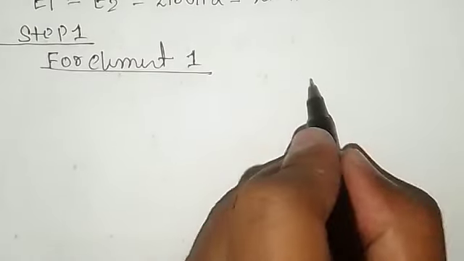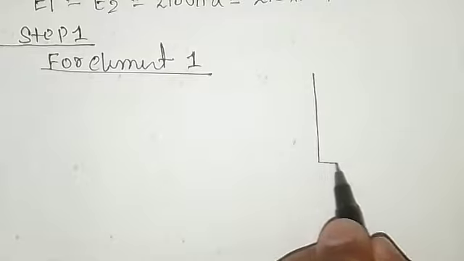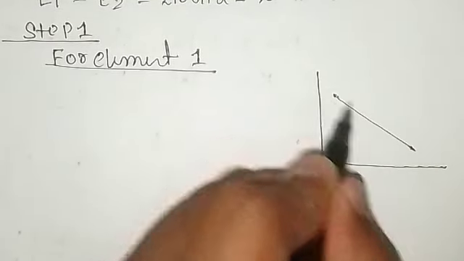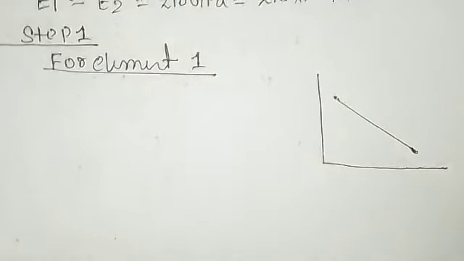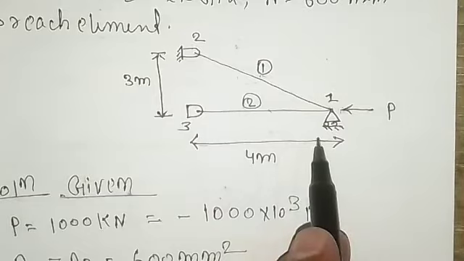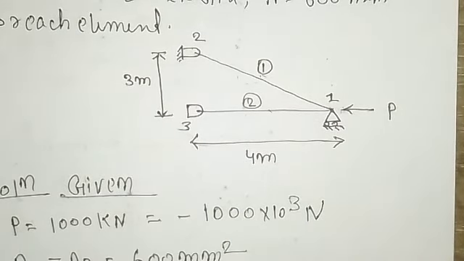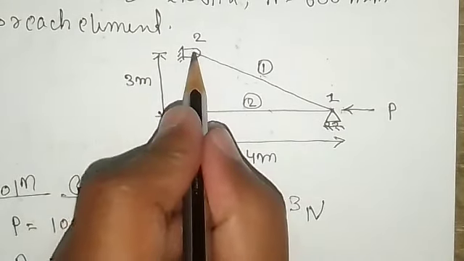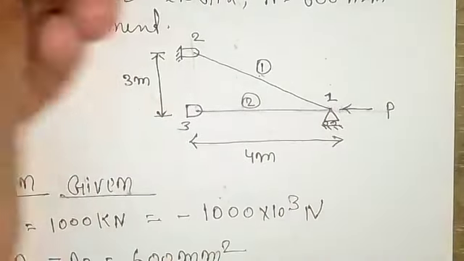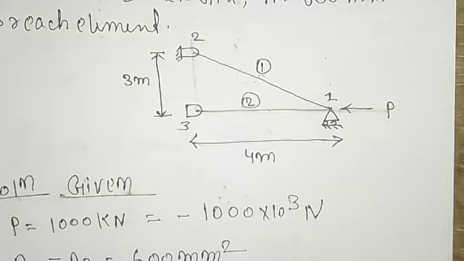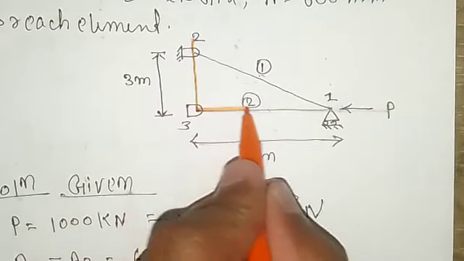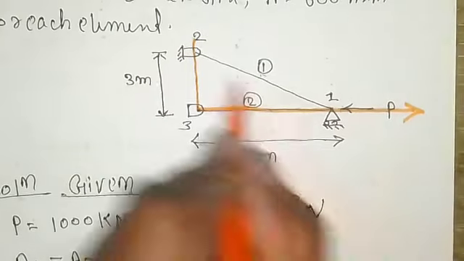Now this is how element 1 is kept. From this to this it is 4 meter and this is 3 meter. For convenience, I say that this body is in the xy plane. Now you can understand easily that this is your y-axis and this is the x-axis.